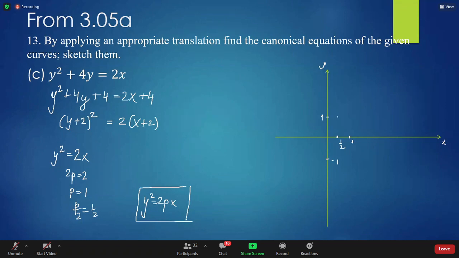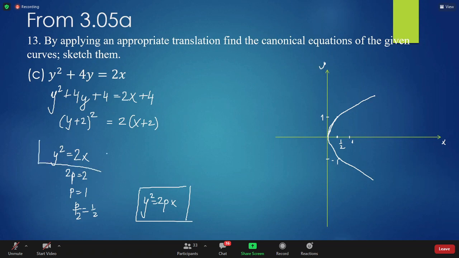So we have points here, and we have a point there. And we can sketch this parabola quite easily, although approximately, not very accurately. Not the easiest thing to do on this board, but okay. So we have this parabola, y squared equals 2x.